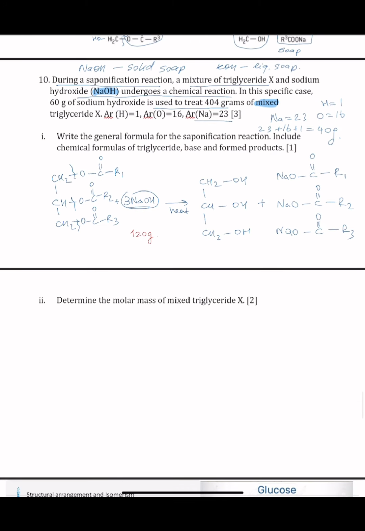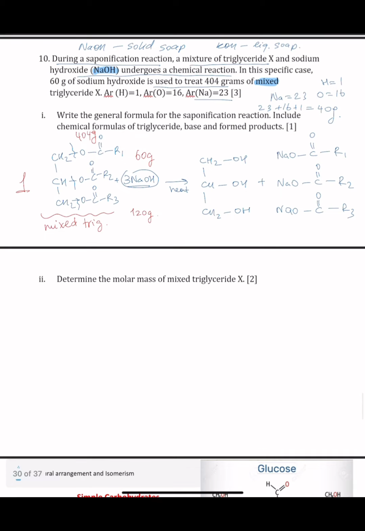Now, we're telling you that for 60 grams, 404 grams are used. So this is the mixed triglyceride, right? We're asking you the molar mass, meaning for 1 mole, what is this molar mass? We know that for 1 mole of triglyceride, 3 moles of sodium hydroxide is used, right?